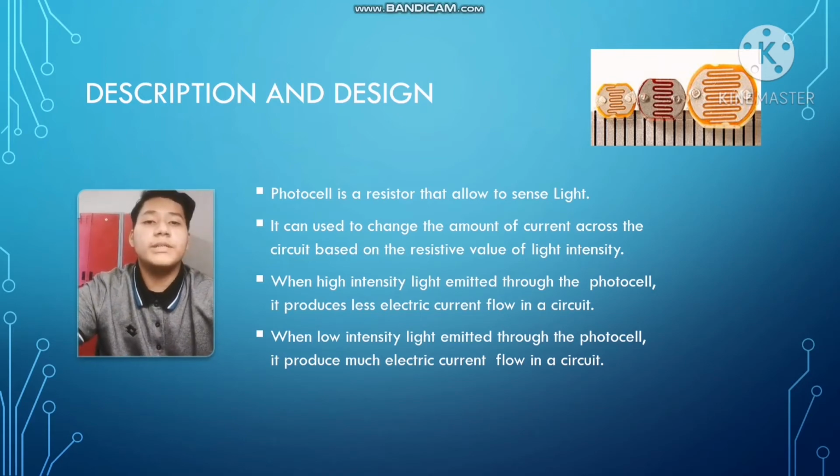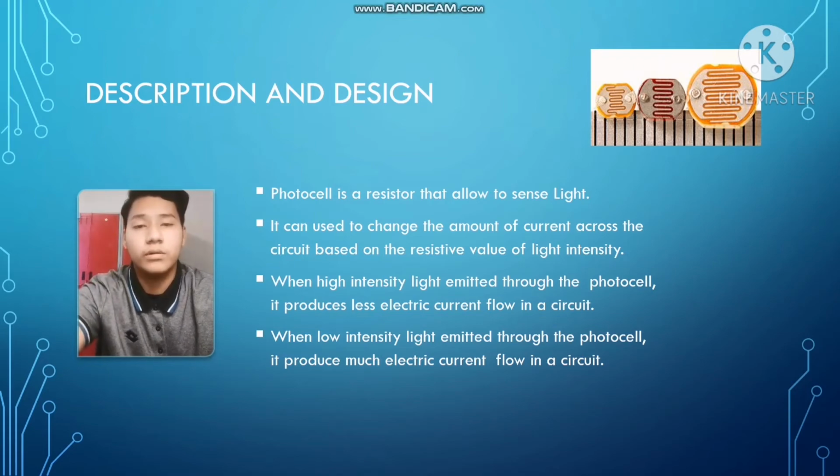Its function is that it can be used to change the amount of electric current across the electric circuit based on the resistive value of light intensity.